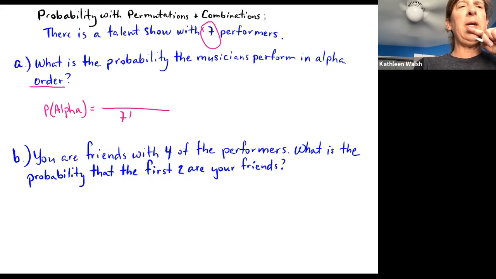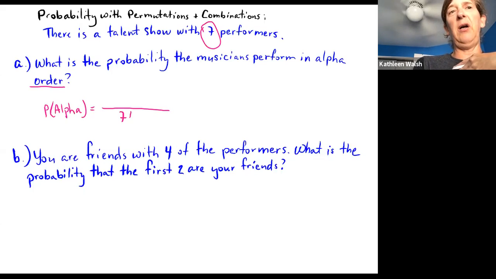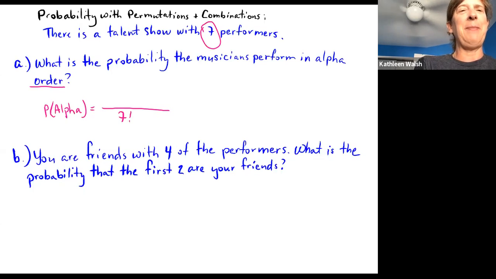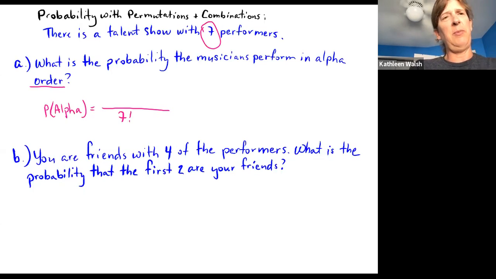And my numerator is what is desired. Well, what is it that we desire? We desire all 7 performers to come out in alphabetical order by their last names, assuming that no 2 performers have the same last name. There would only be one possibility, the alphabetical order.